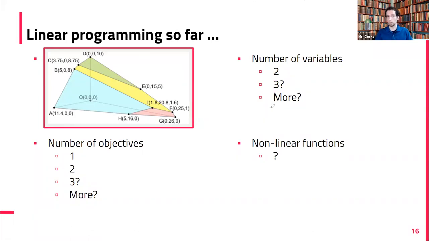If there were 4 variables, 5 variables, 6 variables, what would happen? What would need to happen? Yeah. 4 variables would require a 4-dimensional graph. Our human brains cannot visualize or conceptualize a 4-dimensional graph. Well, I can't, at least.